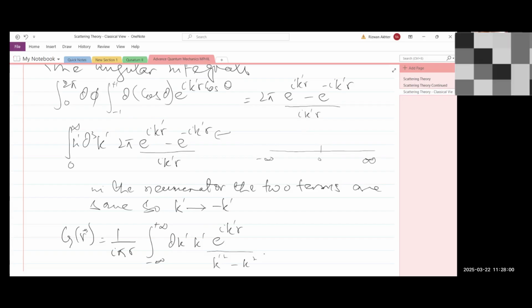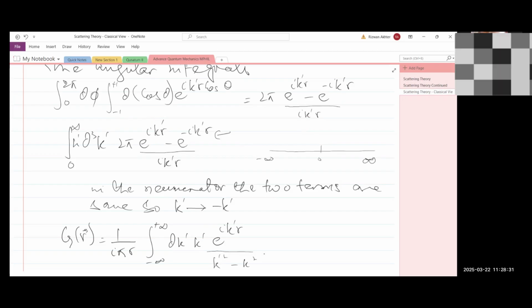Yeah. So at these poles, basically the integral would be 0. So obviously since the integrand has poles at k prime equal to plus or minus k on the real axis, in fact, we would not have a real integral or a converging integral until we could avoid these poles.